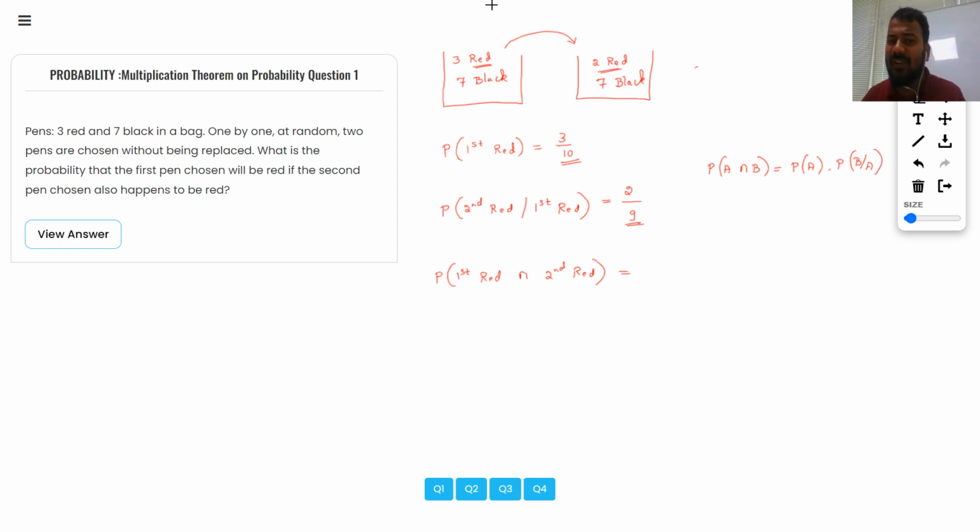Probability of A, that is nothing but first one is red, is 3 over 10, times probability of B given A. It means second one is red given first one is also red, which is 2 over 9. I can take it as 6 over 90, which simplifies further to 1 over 15 as the final answer.